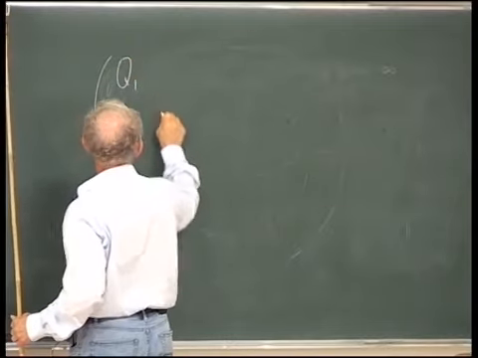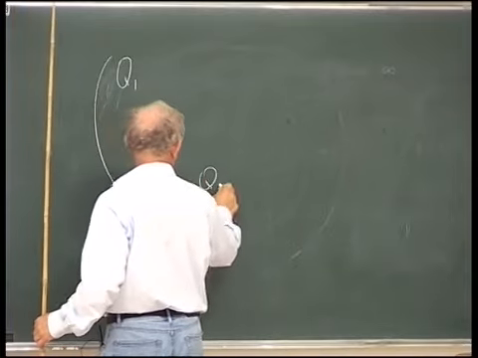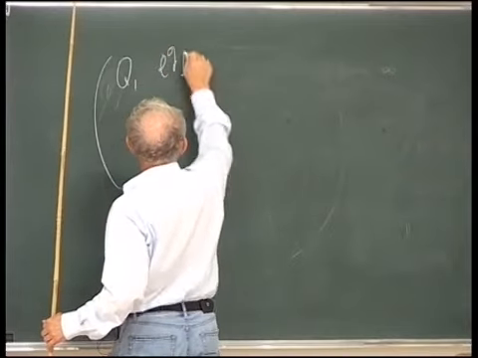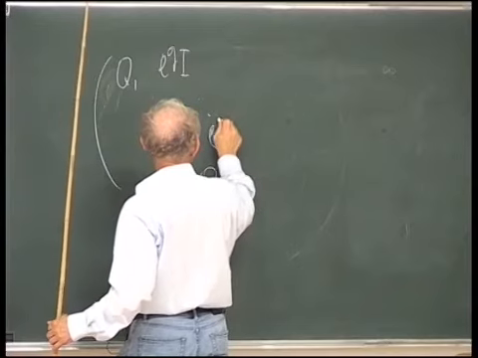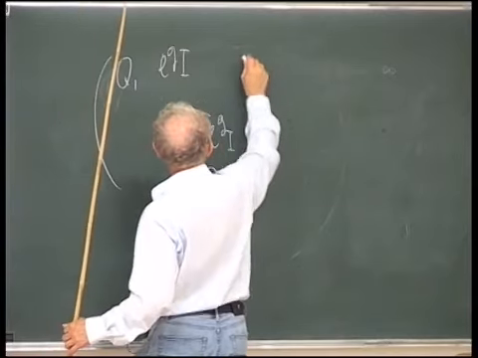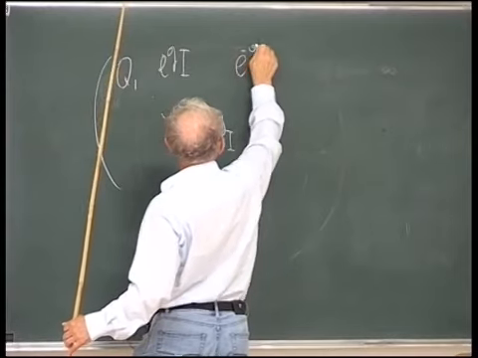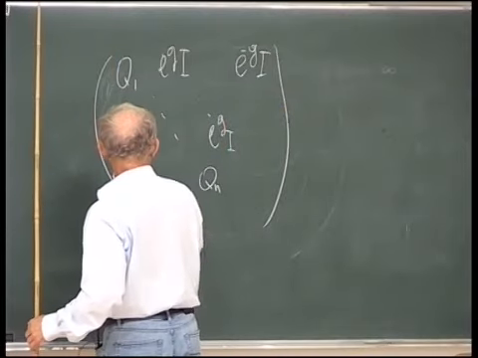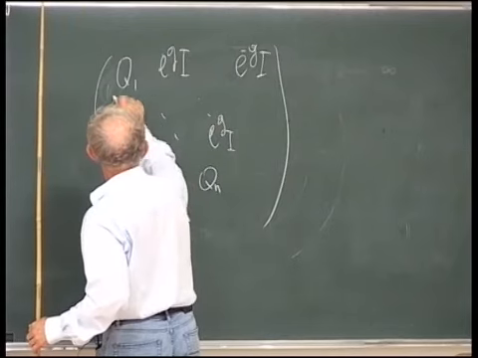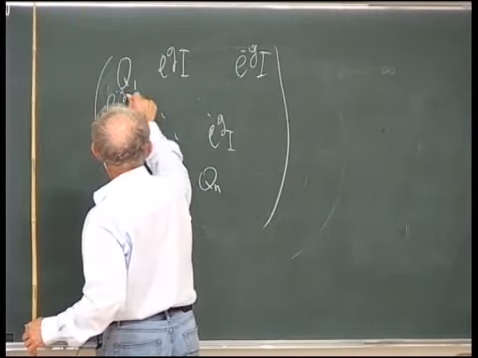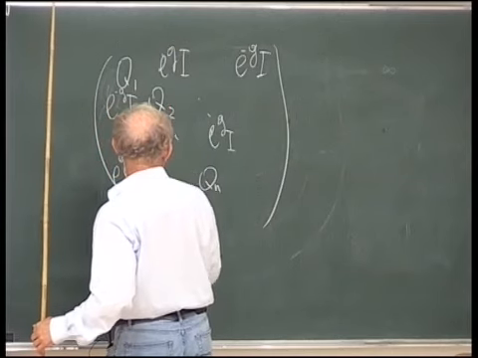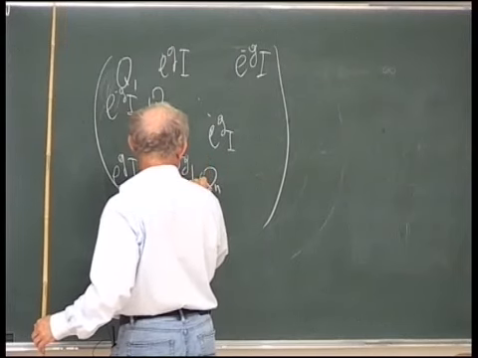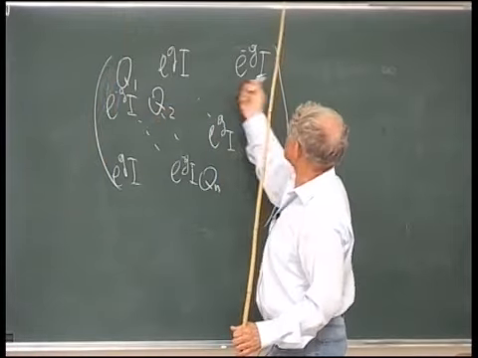I have Q1, Qn here, e to the power j times I, identity matrix. Here I will have e to the power minus j I, e to the power j I. And here I will have, of course, e to the power minus j I. This is Q2, e to the power minus j times I. I is an identity matrix.